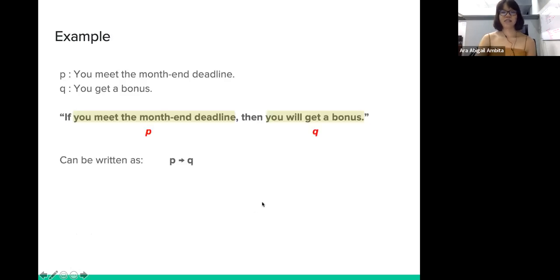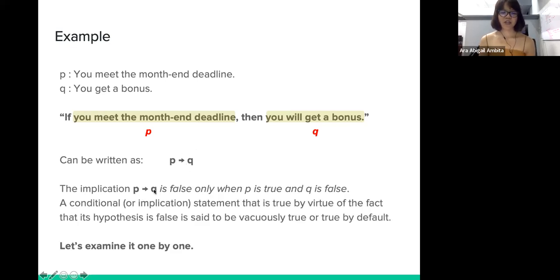Let P be you meet the month end deadline, and Q, you get a bonus. The implication P implies Q is false only when P is true, meaning you met the month end deadline, and you did not get a bonus.